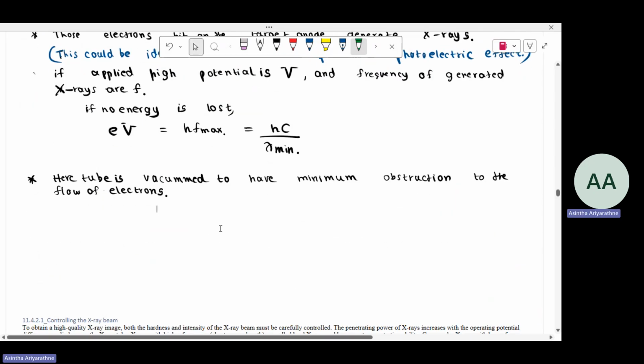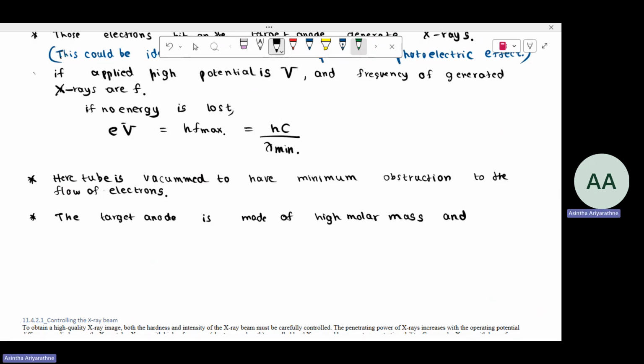And since the X-rays are emitted from the target anode, it is made of a material with high molar mass and a very high boiling point.